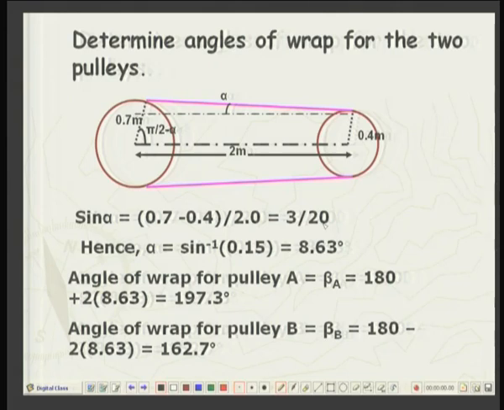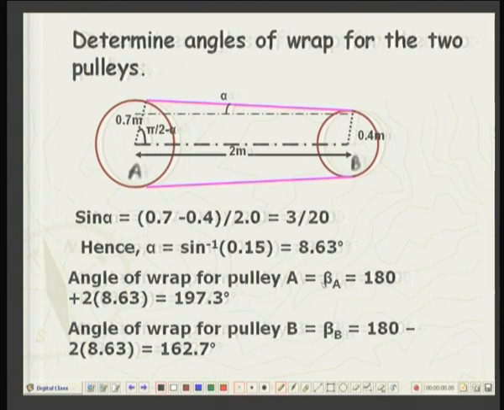Now, this is pulley A, this is pulley B. For pulley A, the total angle of wrap will be 180 degrees plus 1 alpha here, 1 alpha over here. So, plus 2 alpha, okay.